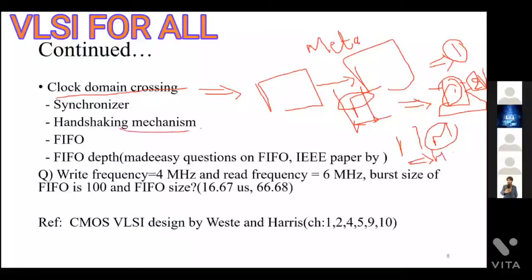Like you'll be sending some request and acknowledgement signals to know when to send the signal. Instead of transmitting multiple bits, you'll use a single bit and see whether it is synchronized or not. The time it is synchronized, all the multiple bits are transferred. This is the handshaking mechanism.